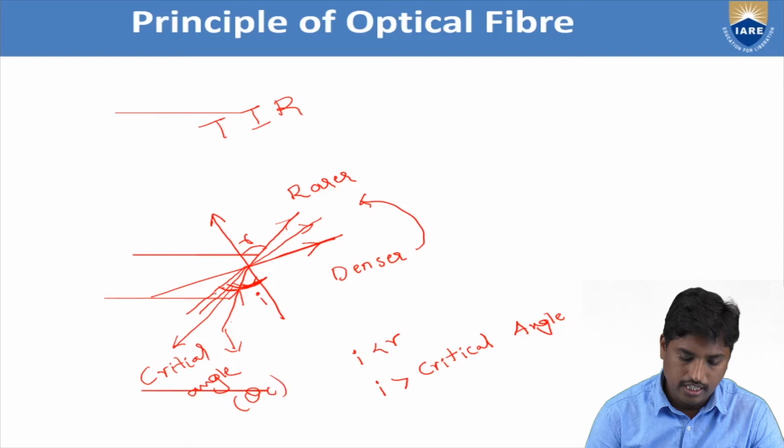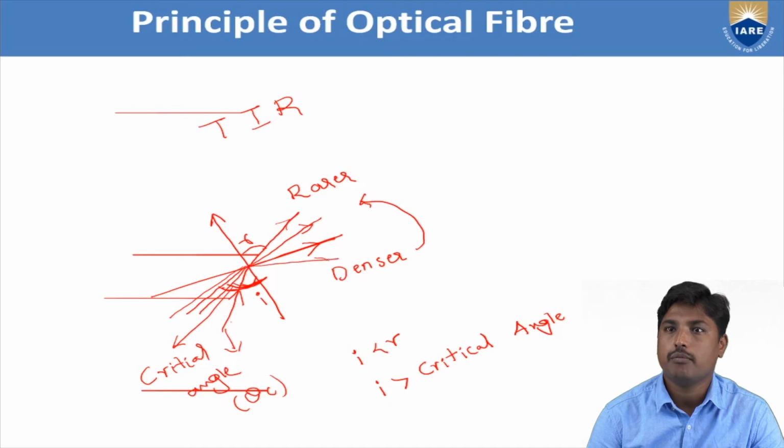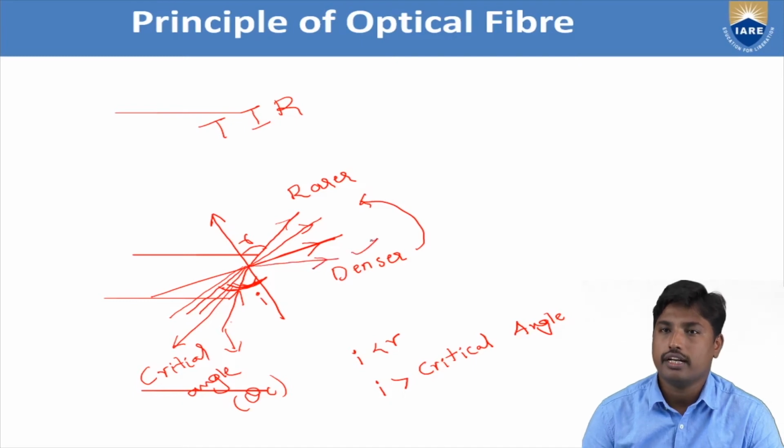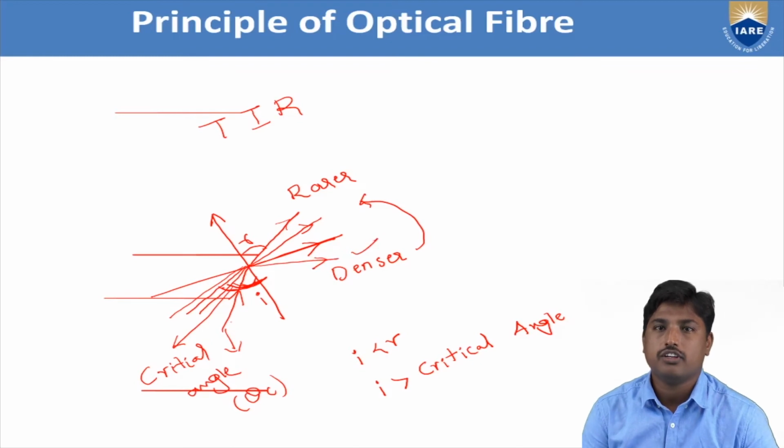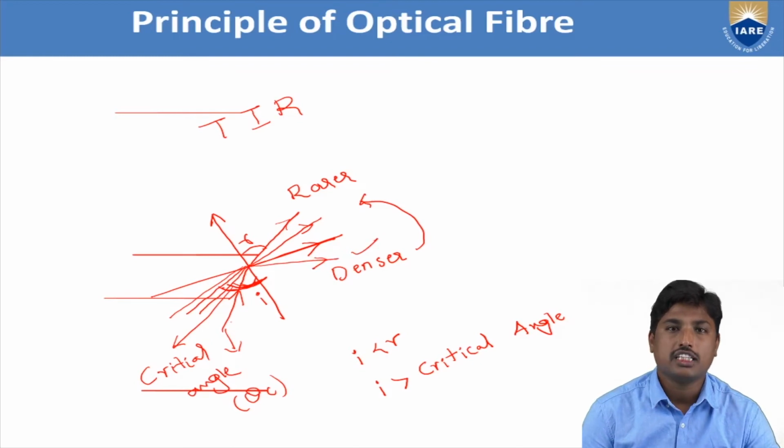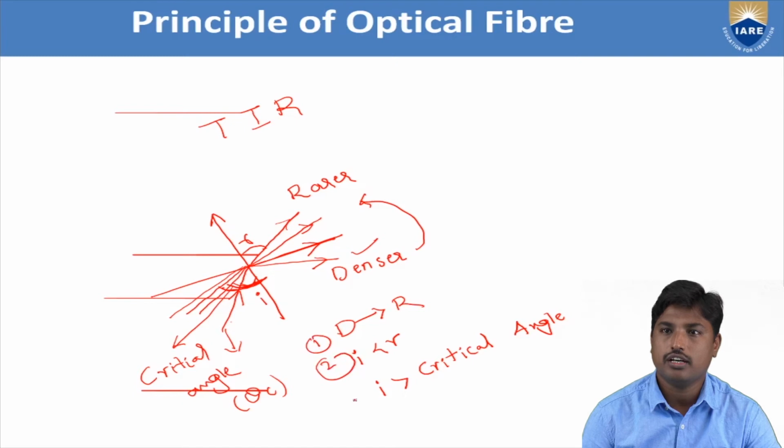After the critical angle, if we further increase the incident angle, what do we observe? The light ray is reflected back into the same medium, which is called total internal reflection. That's why, to get total internal reflection, the light ray satisfies two conditions. First, it should travel from denser to rarer medium. Second, the angle of incidence is greater than the critical angle.